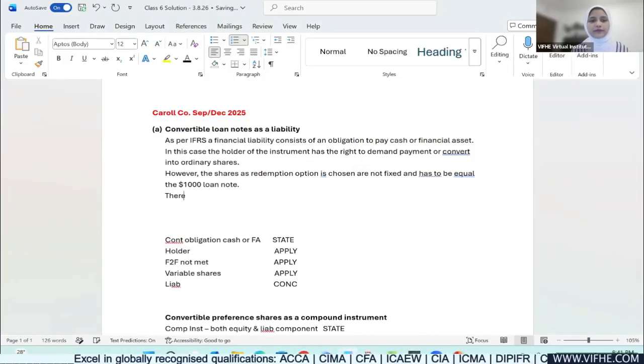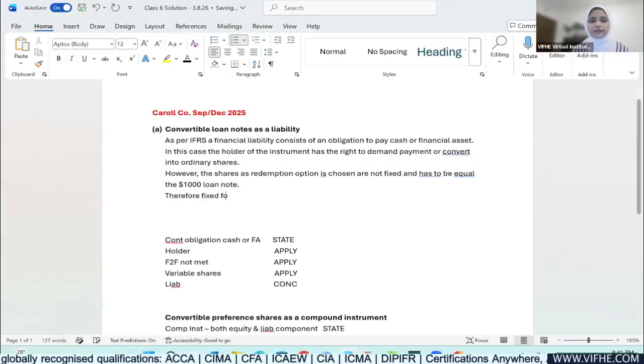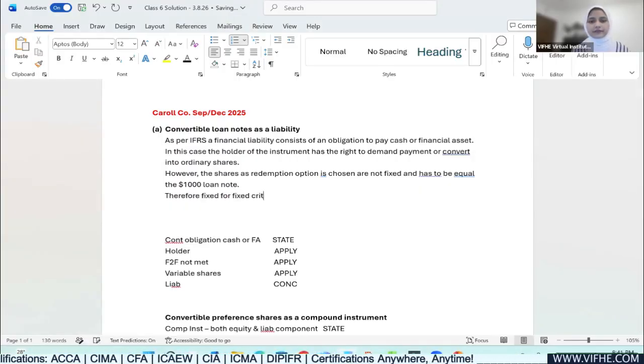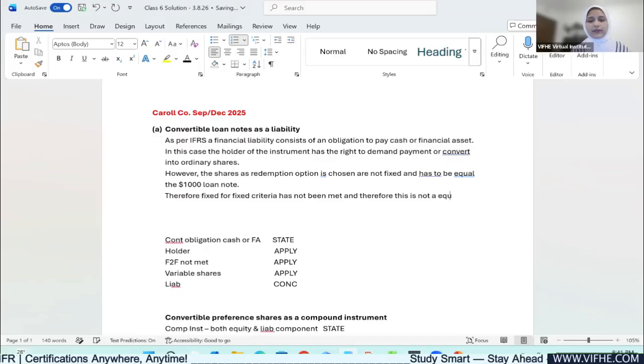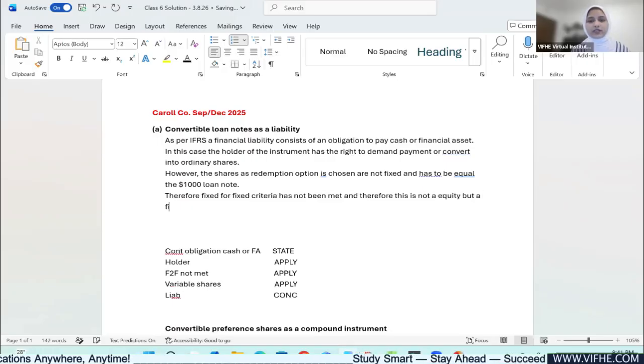Therefore, fixed for fixed criteria has not been met, and therefore this is not an equity but a financial liability.